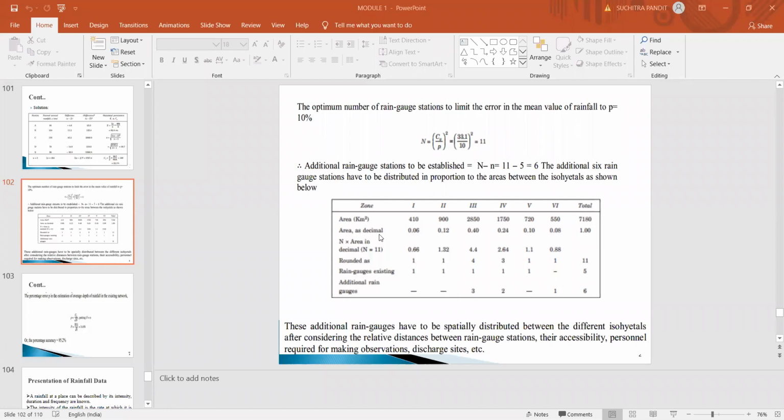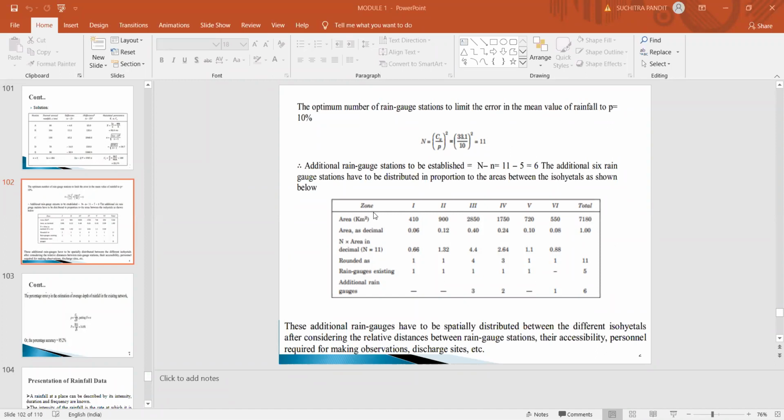That means 410 divided by 7,180, which works out to be 0.06. Like that, 900 divided by the total area is 0.12, then 0.40, 0.24, 0.10 and 0.08. If you add all this, it should be equal to 1.